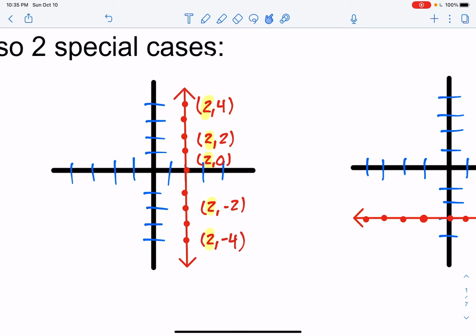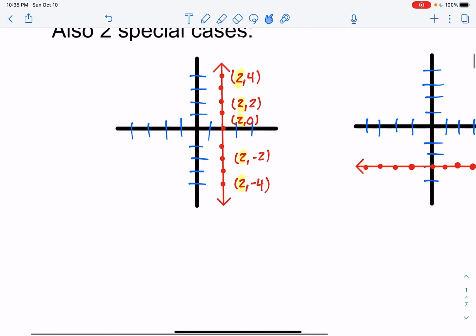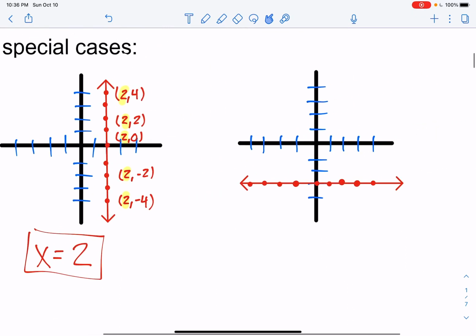What do they all have in common? x equals 2. So this is the equation, that's the graph of the equation x equals 2, or function we can call it. So x equals 2, that's the line represented by that.